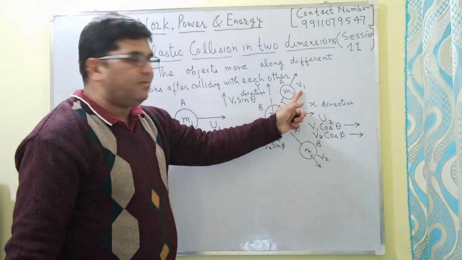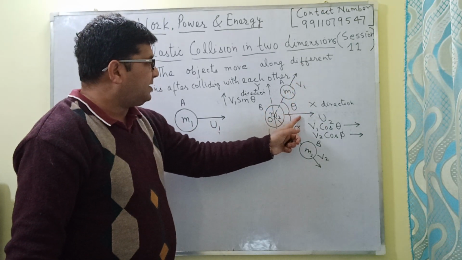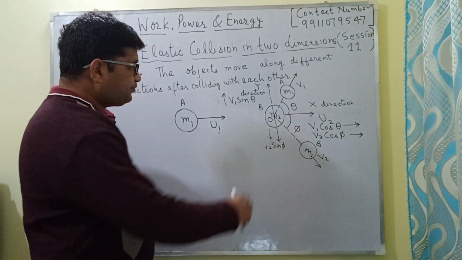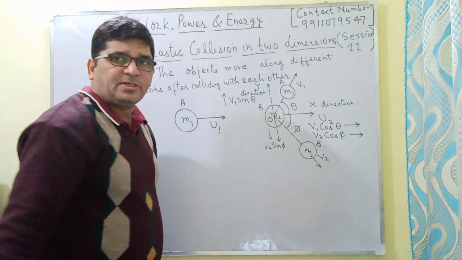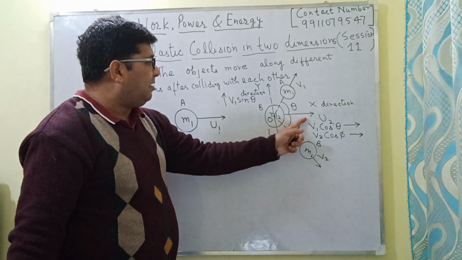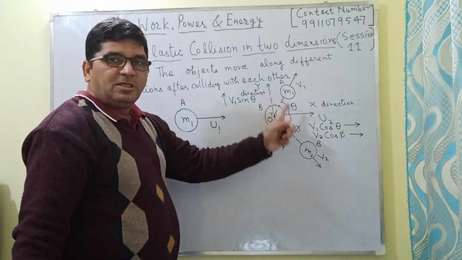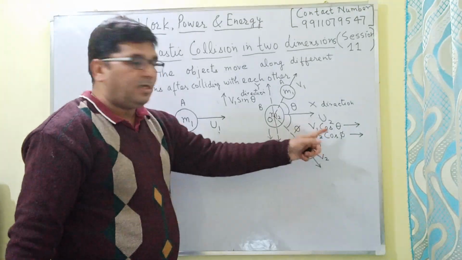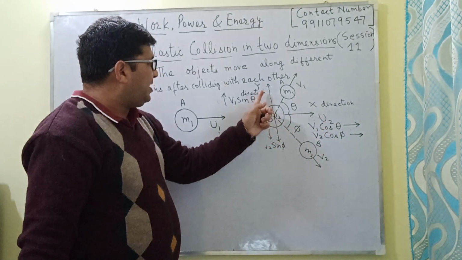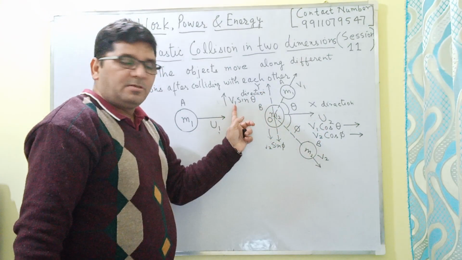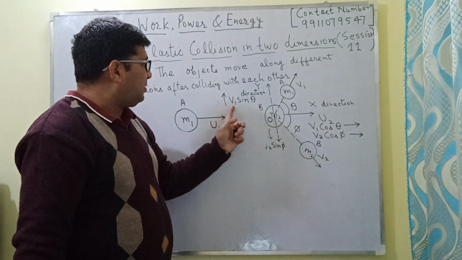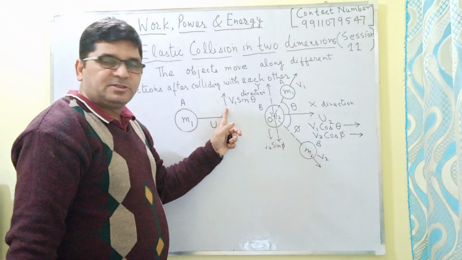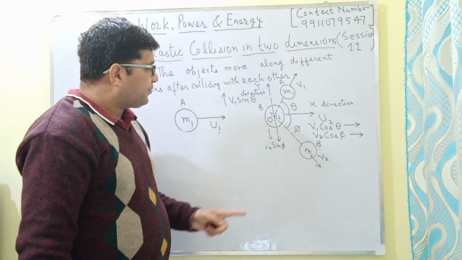This is the velocity v1 of object A, and it is making an angle theta with the x direction. So I have resolved this velocity vector along the x-axis and the y-axis. Along the x-axis, its component is equal to v1 cos theta, and along the y-axis, it becomes v1 sin theta. The direction of this velocity component is indicated by this arrow, that is, it is pointing upward.